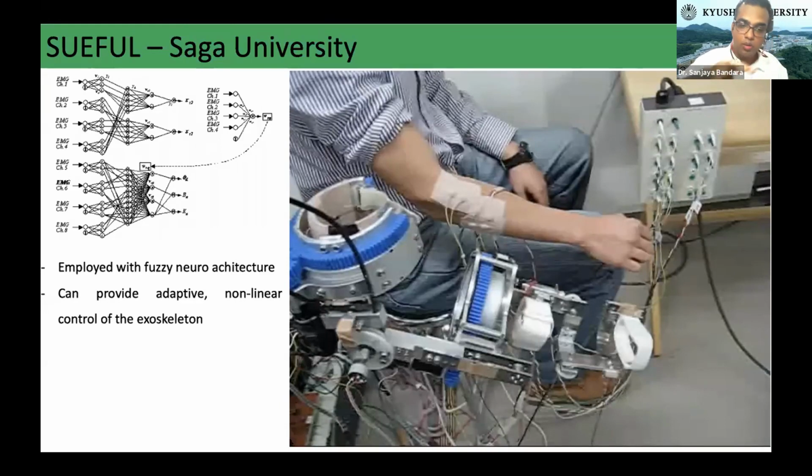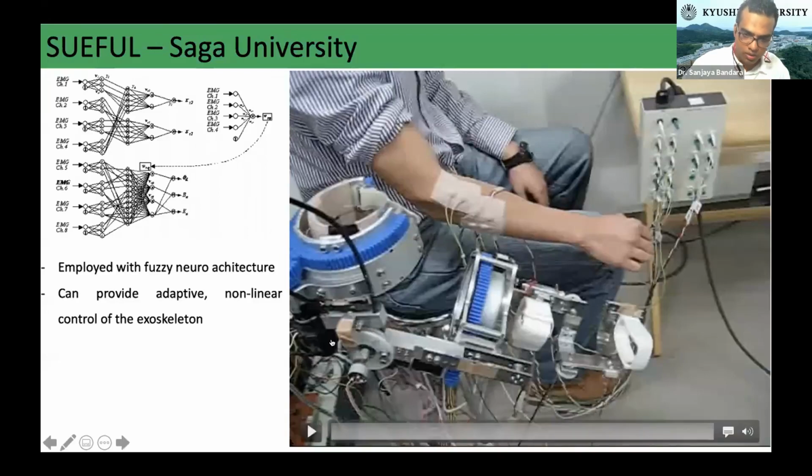It is also important where we place the electrodes, and the shift of the electrodes. So this is the highly nonlinear behavior of EMG. So they use a fuzzy neuro architecture, fuzzy with neural networks, to control this robot.